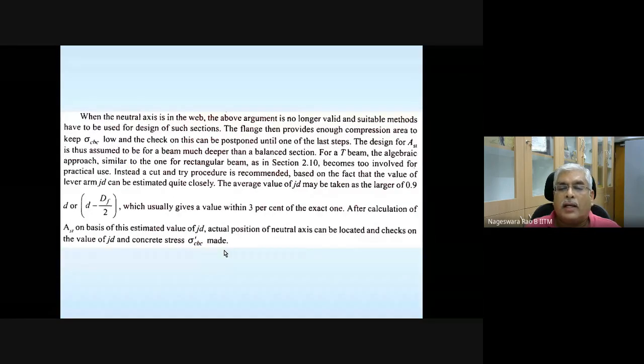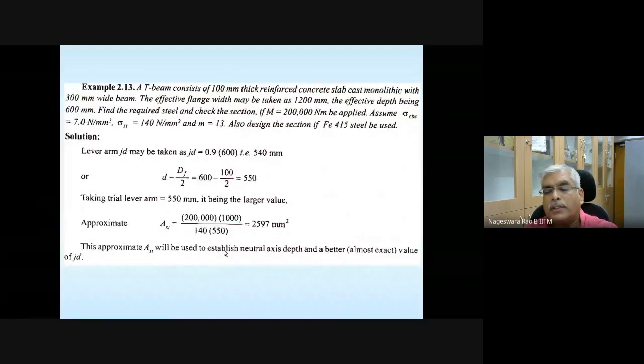Okay, so let's take this problem. A T-beam, please take note of it. Here you don't need to find the effective width of the flange; the effective width of the flange is already given to you. A T-beam consists of a 100 mm thick reinforced concrete slab cast monolithic with a 300 mm wide beam.